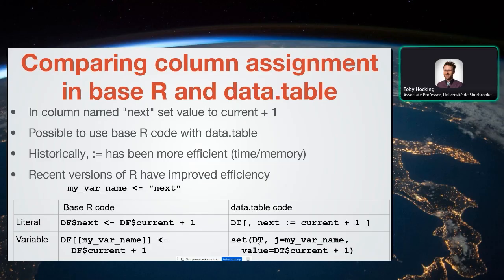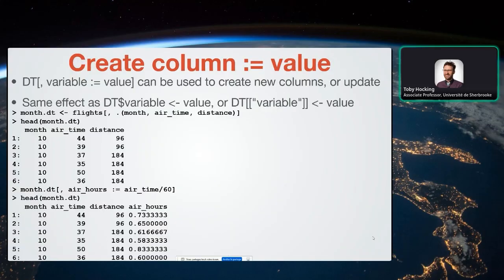Here we specify the data table, J is the column name that you want to create, and value is the new value you want to put in that column. So these are the data table equivalents that guarantee efficiency. Sometimes if you use the base R operations, you have to create a copy of the whole table. Whereas with data table operations, you're only ever creating one new column, and all the rest of the data stays the same. So that can be quite a big efficiency gain sometimes.